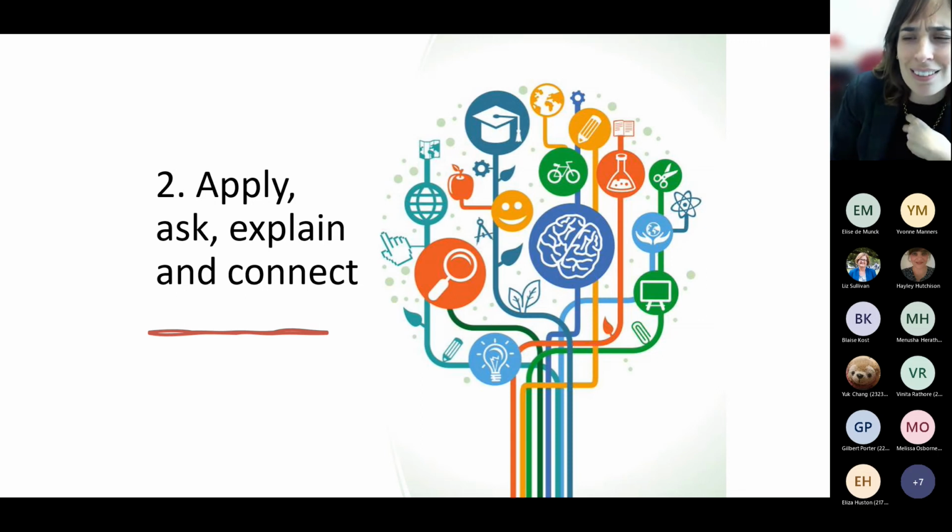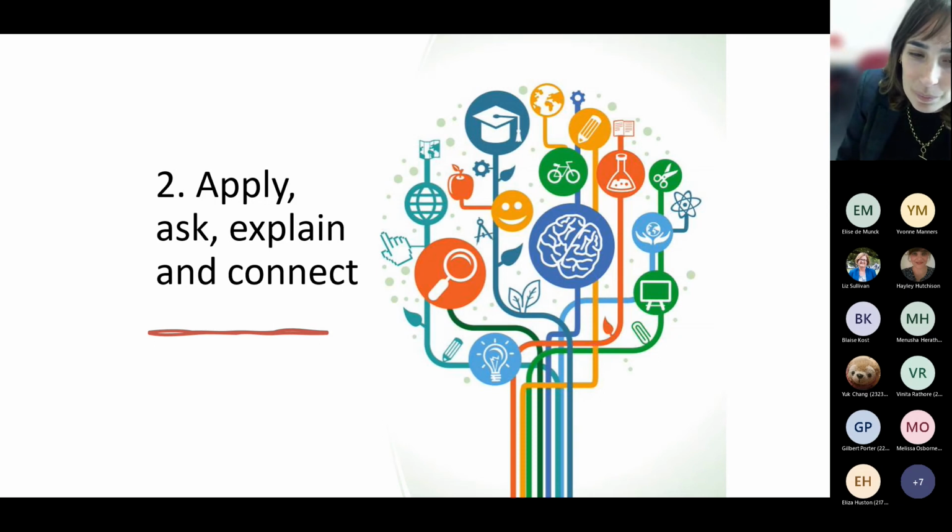Essentially what underpins this is the idea that if we have multiple access points, many different ways of entering or accessing a particular idea, there's a higher likelihood we'll call that to mind later, if that makes sense.